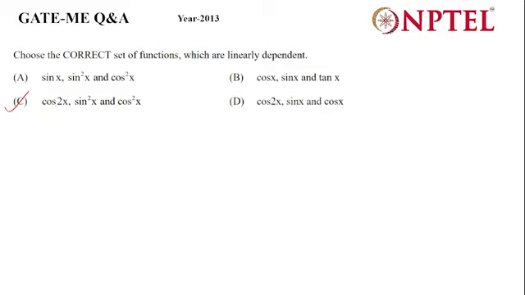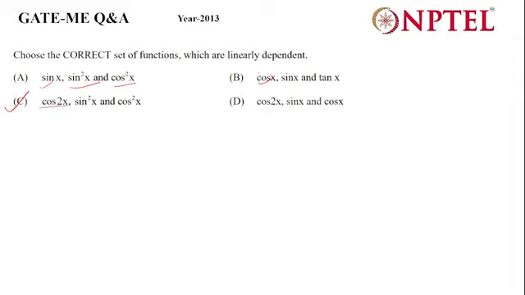Any doubts in this question? Ma'am, will you please explain that? Surely. Sin x, cos x, tan x are all independent functions. But sin square x, cos square x, tan square x are not independent, these are dependent functions. Going through the options, here sin x is independent, here cos x is independent.